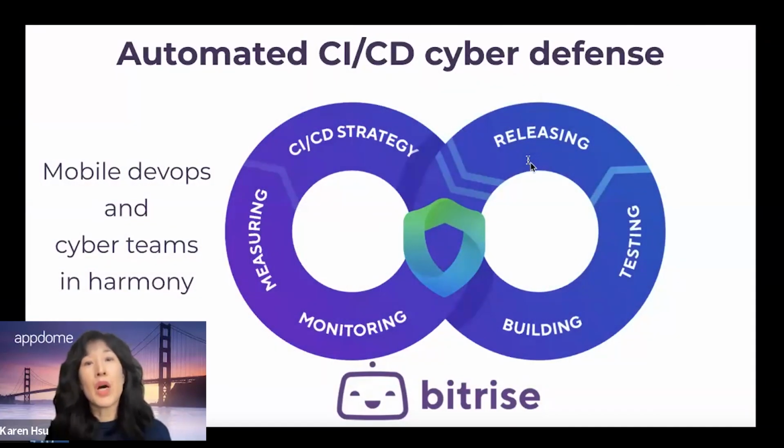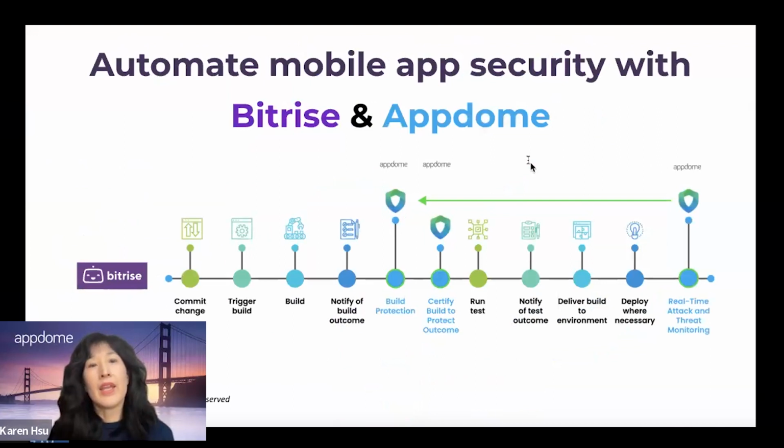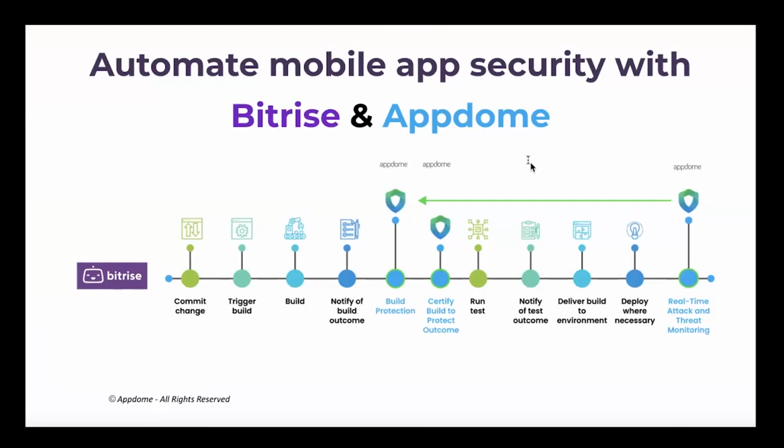We do it through automated CI/CD cyber events. So this means we have automated remediation within your CI/CD system, within Bitrise, so that mobile DevOps and cyber teams can work together. To illustrate further, in your Bitrise CI/CD, as you're building in the features, you can build in the security features as well, then certify those features are in the app.